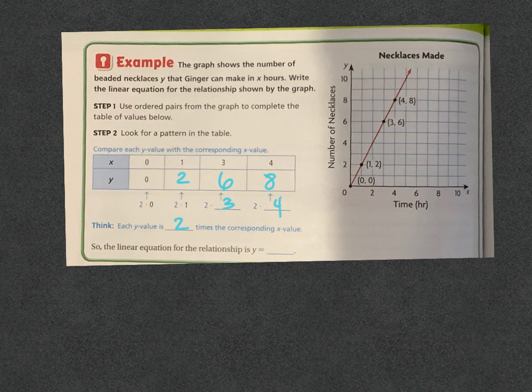I'm multiplying my X's by 2 in order to get Y. So the linear equation for the relationship is Y will equal 2 multiplied by whatever X is. That's the linear equation they want. That's how they want it to look. 2 times whatever X is.